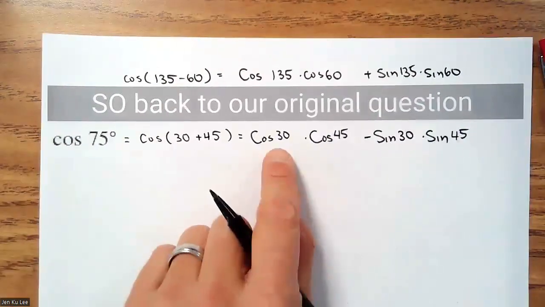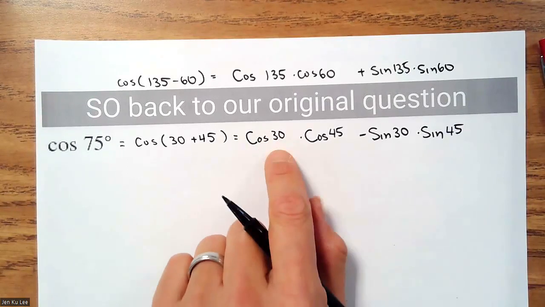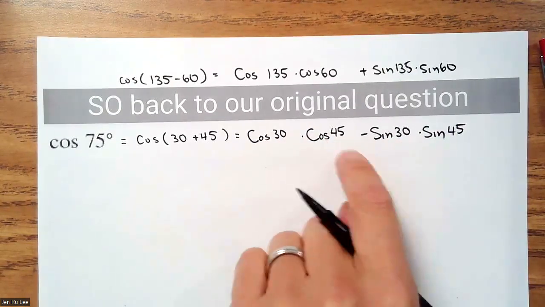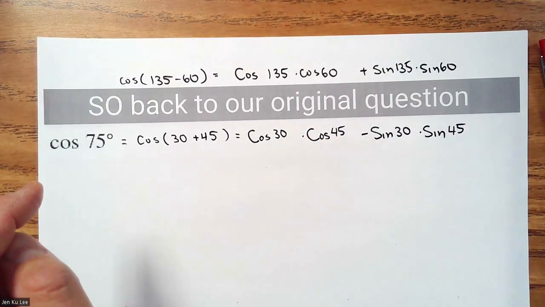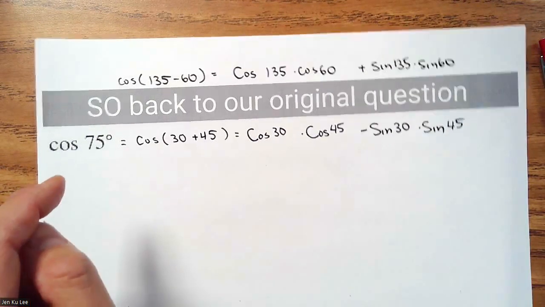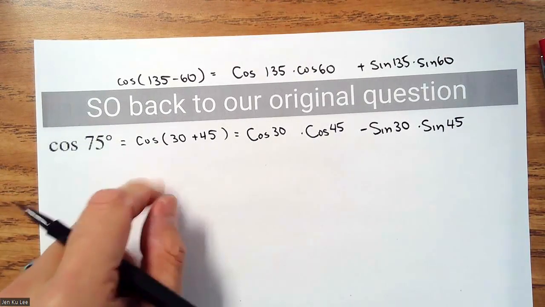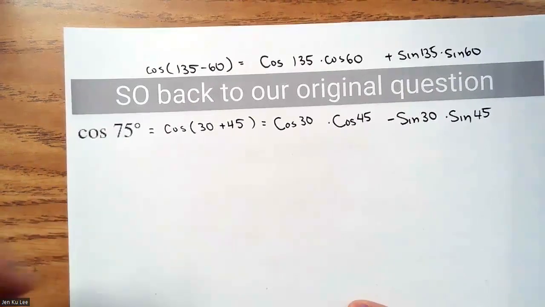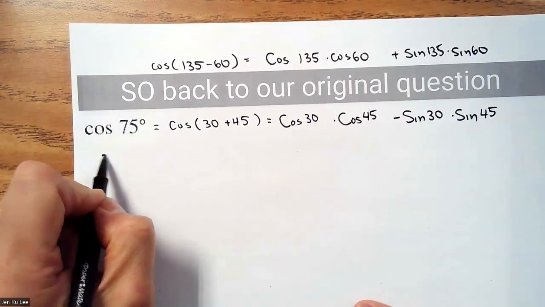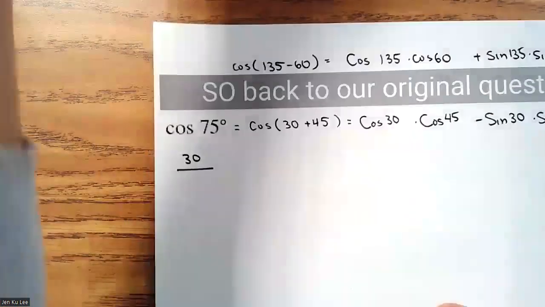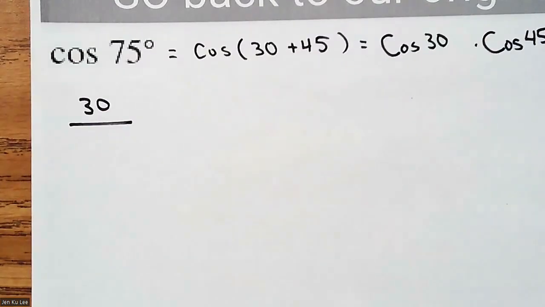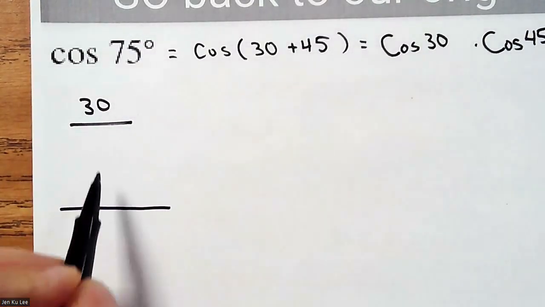So now it's just the activity of what is the cosine and sine of 30 and 45. If you don't know that off the top of your head, go back to the basics, right? What I mean by that is if it's 30 that we're interested in, draw it out.